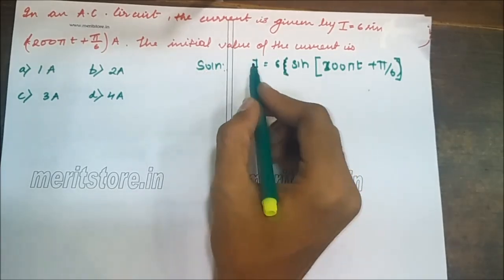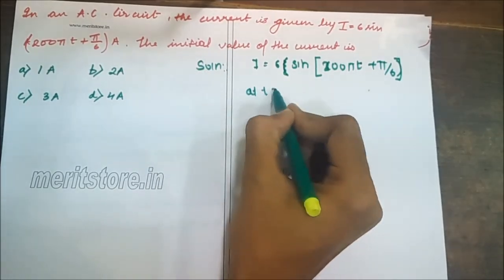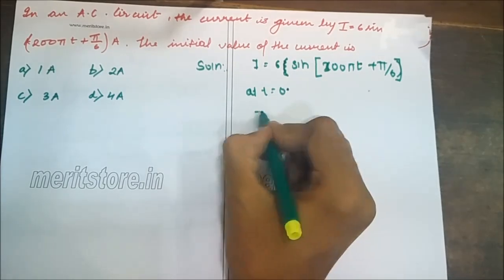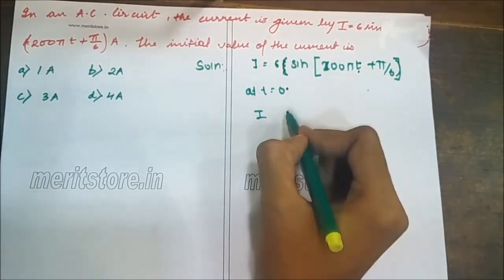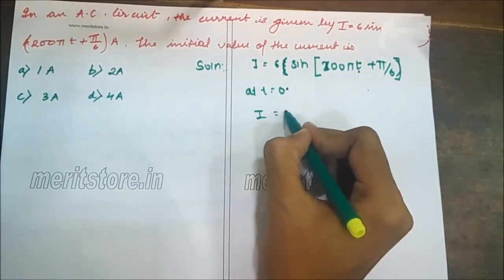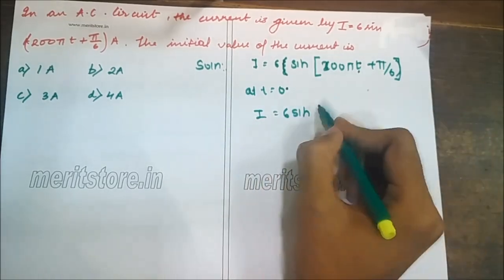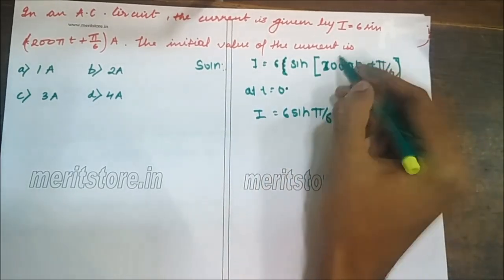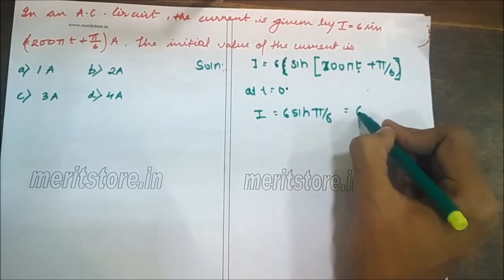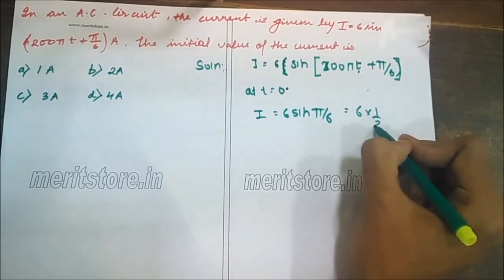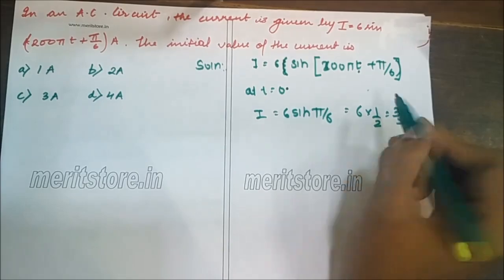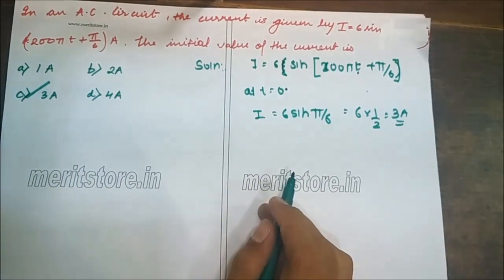Initial means at time t equals 0. At t equals 0, we have 6 sin pi by 6, as the first term becomes 0. Sin pi by 6 is half, so that becomes 3 amps. So C is the correct option.